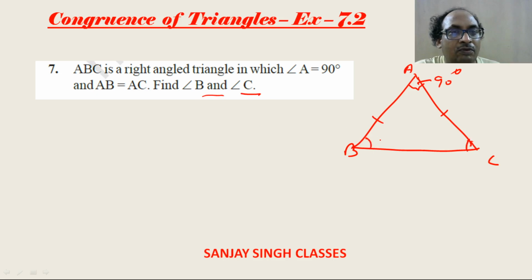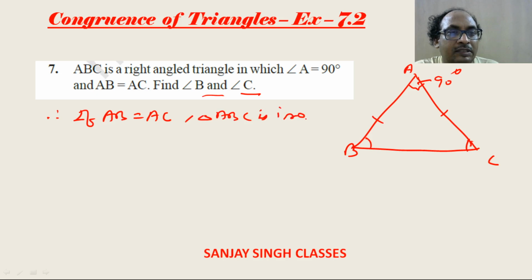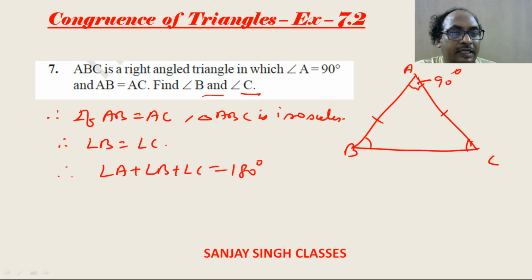Once it is given that AB is equal to AC, it means triangle ABC is isosceles. Therefore, angle B is equal to angle C. Further, angle A plus angle B plus angle C is equal to 180 degree.